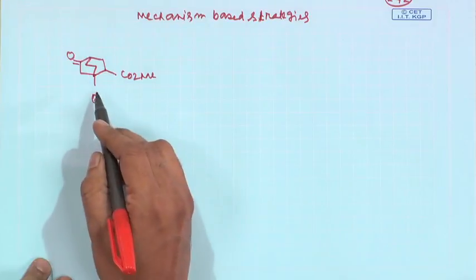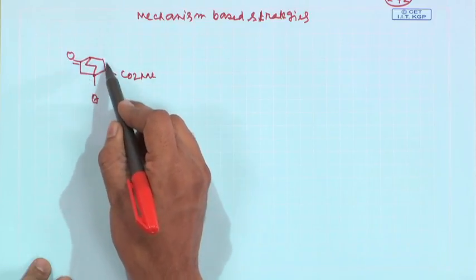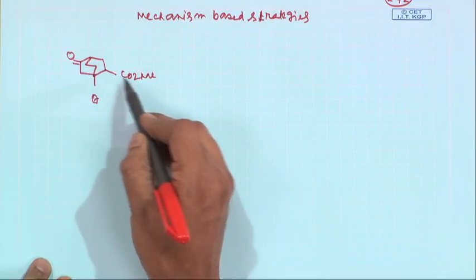Now, initially the problem I will be analyzing is a very straightforward problem. A target molecule was given to you whose structure is this. It is a bridged bicyclic compound, a cyclohexane is the core structure, you have a two-carbon bridge, CH2 CH2, and at this end you have a CO2Me.